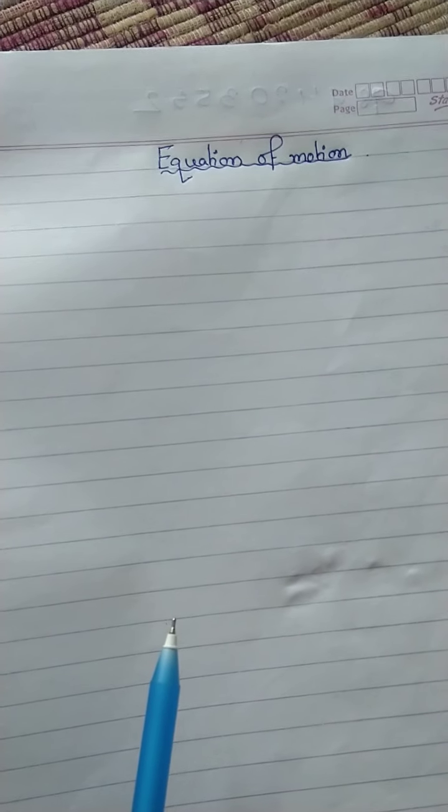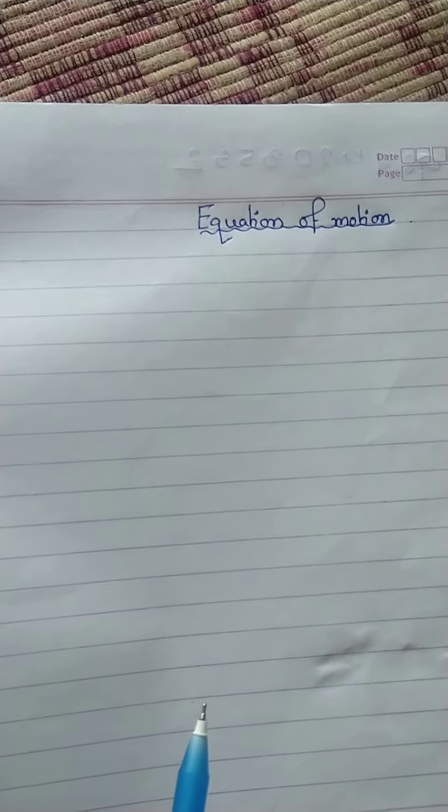Hello students, today's topic is equation of motion. It is a part of describing motion. Now we know, or I will take that in case of the first introductory class, that not only are there physical quantities required for describing motion, but also there are certain relationships between those physical quantities.